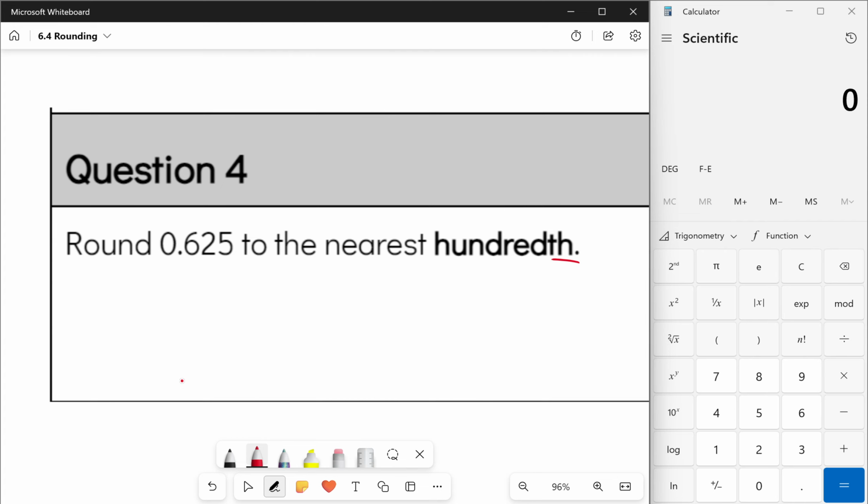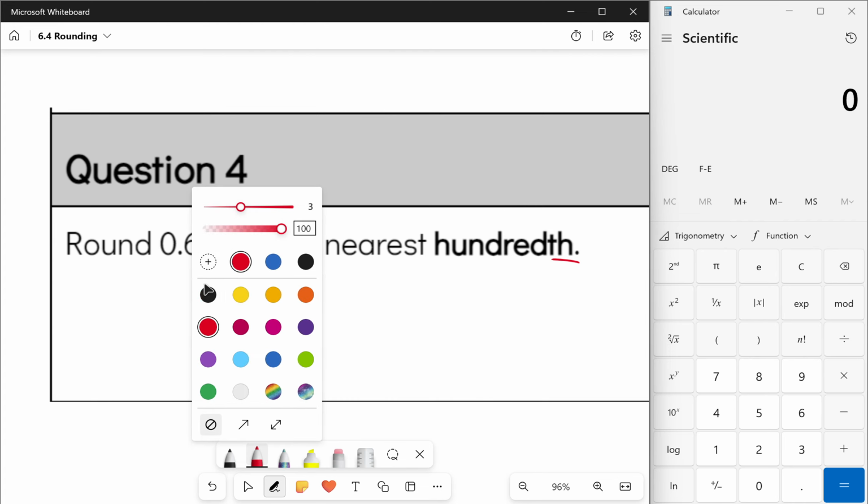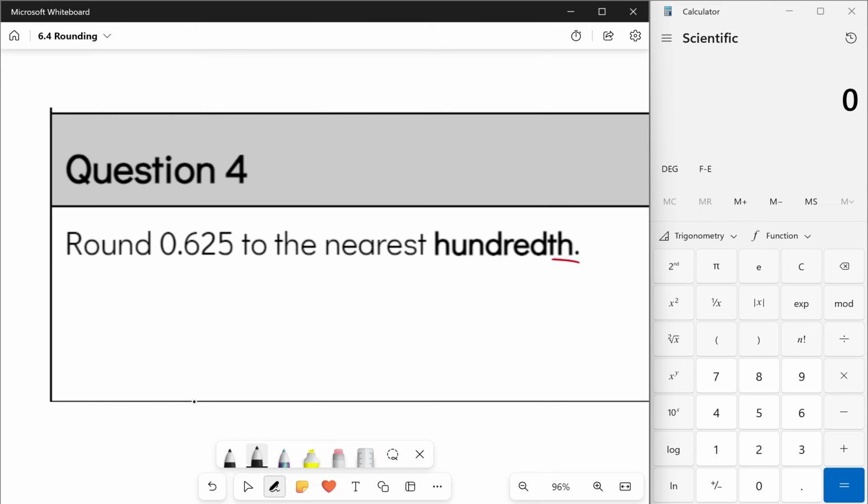So, the first thing I want to point out, let me change my color to black. Let's look at the place values present in this number that we're working with. Everything is based around that decimal, and that's going to tell us what place values are here. One place value to the left of the decimal, we have our ones.